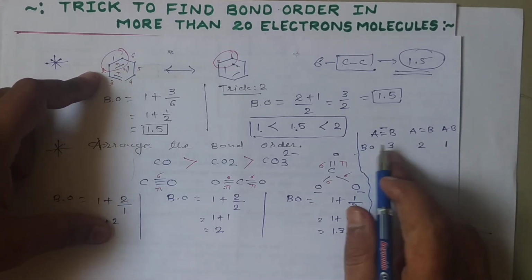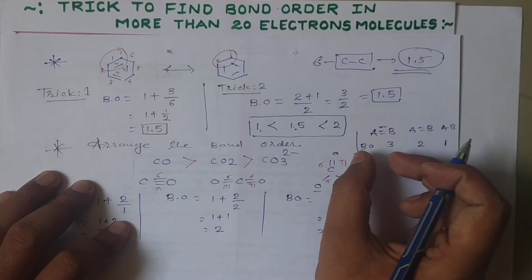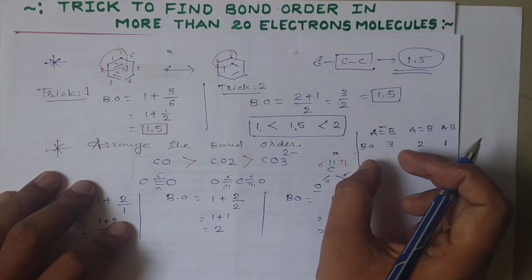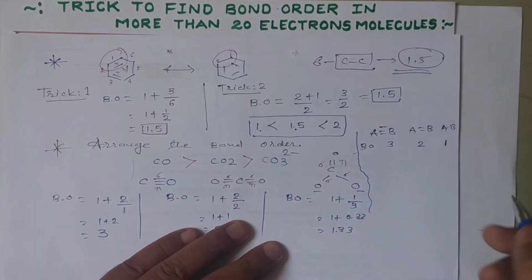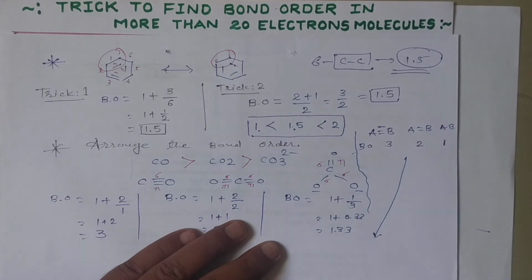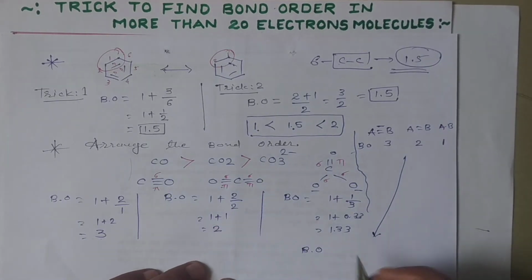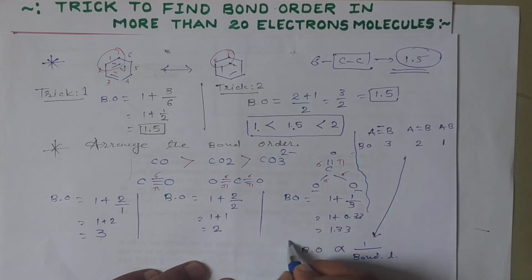If you observe all these structures, we can say that the more the bond order, the more the overlapping. Here if bond order is more, there is more overlapping between the two atoms, so bond length is decreased. So we can always derive this conclusion: bond order is proportional to 1 upon bond length.